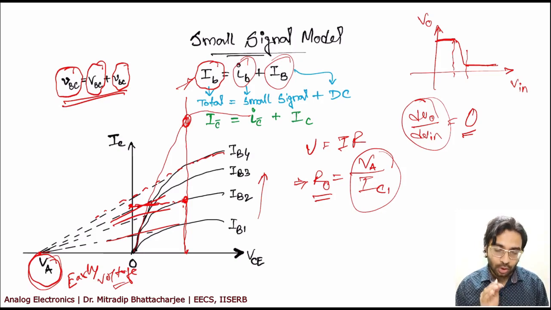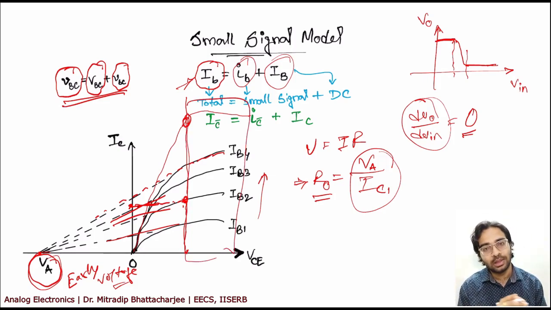Okay, so all the circuit that I am going to discuss will be operated in active region of BJT. We will not operate in the cutoff region where both the junctions are reverse biased. Neither we will operate in the saturation region where both the junctions are in forward bias.